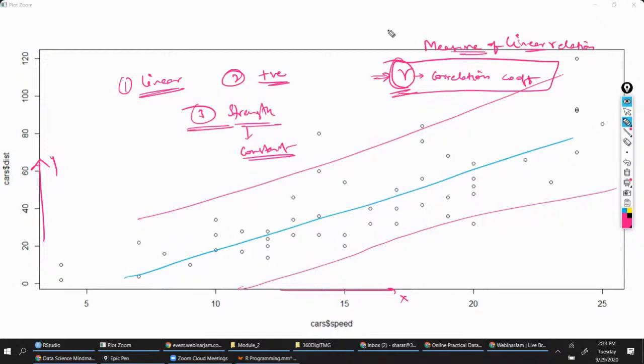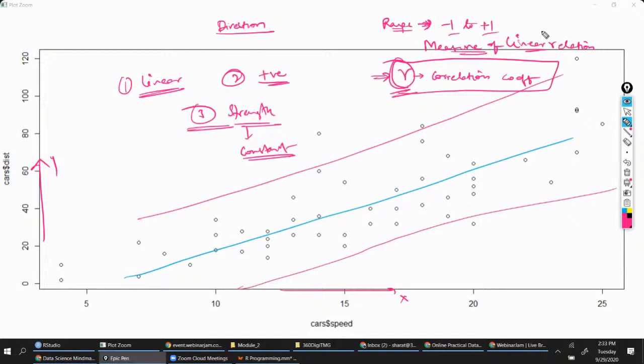The correlation coefficient ranges from -1 to +1. The small r value ranges from -1 to +1. The sign that you are seeing, minus or plus, is talking about the direction, positive or negative.